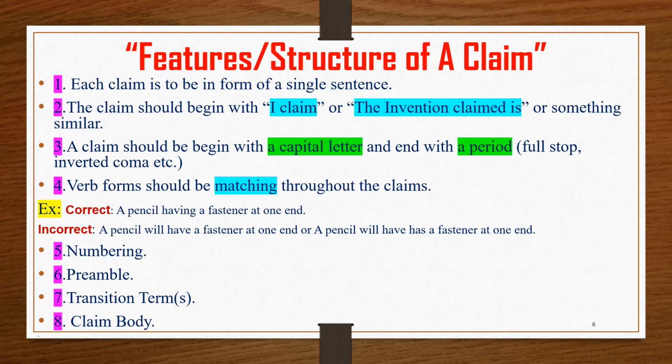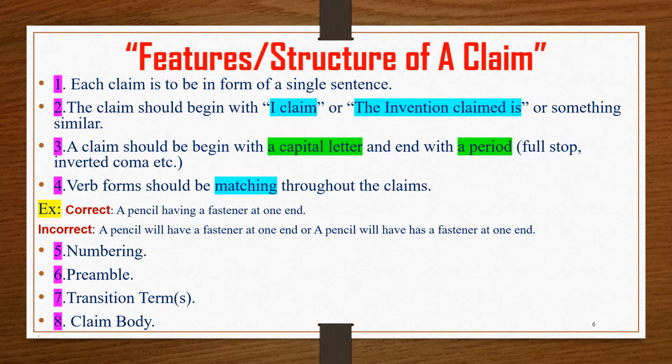Point number two, the claim should begin with I claim or the invention claimed is, or something similar. Point number three, a claim should begin with a capital letter and end with a period. Okay, and the period may be a full stop, it may be an inverted comma, etc.